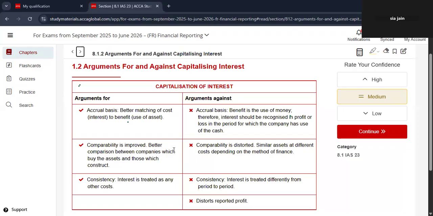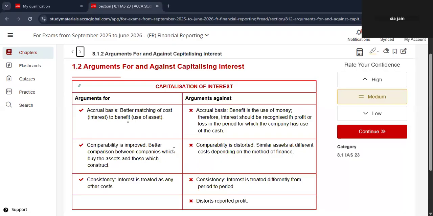If one company builds a factory using cash, and another builds the exact same factory using a loan, the assets will look different on the balance sheet. This hurts comparability between companies. Like if I build my building using just my own money, and I do not pay any interest expense on it, the asset value for that building will obviously be lower.